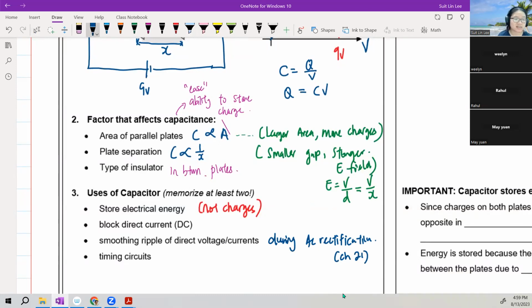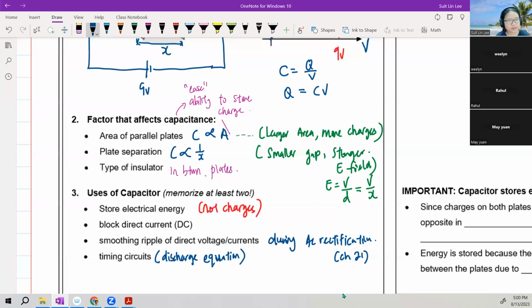And we can also use it as a timer because we can use the discharge equation. A good example is your camera timer. Whenever something flashes, it takes a while for the capacitor to charge up. So depending on the time, I'll be able to get a slightly different variant.